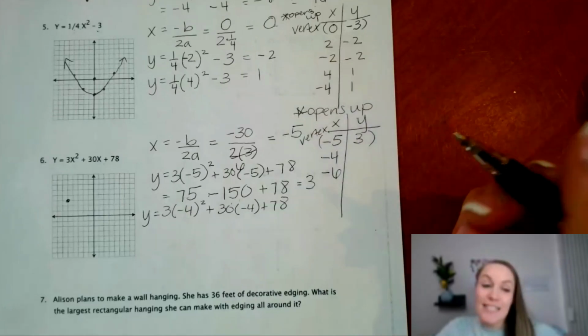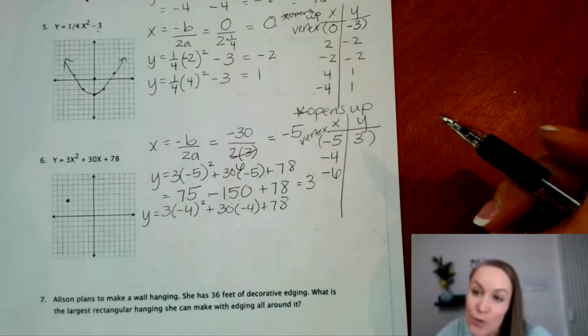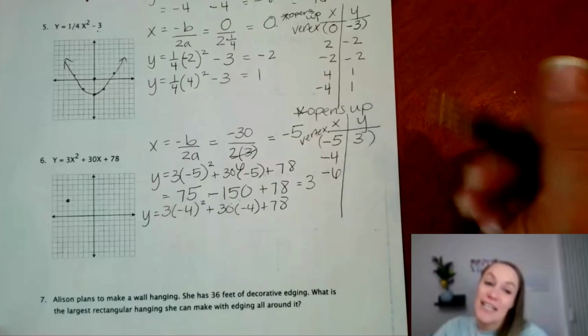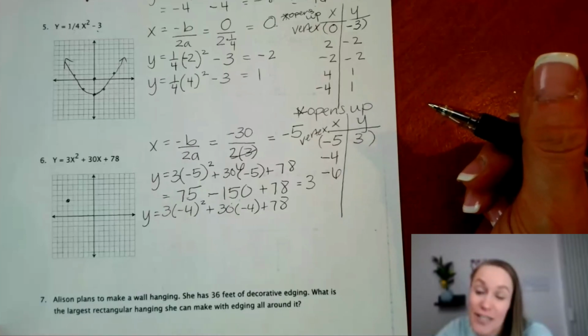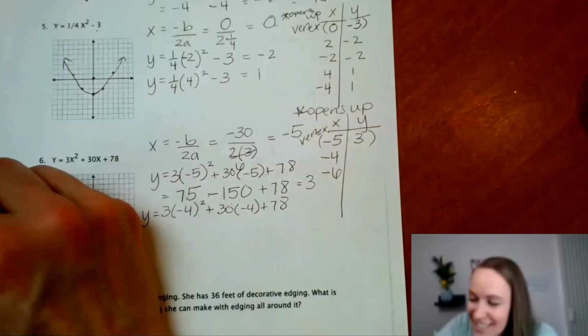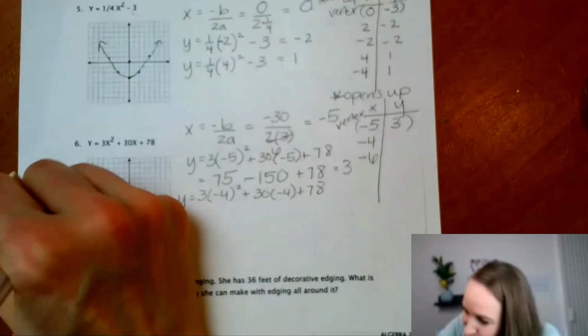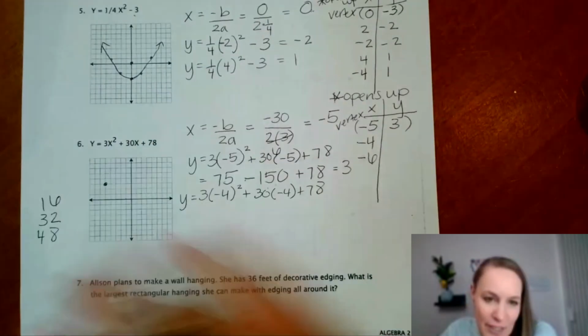I know 16 times 2 is 32, and then I'm going to add another 16, which is 48. So 16, 32, and then yes, 48. Sometimes it helps me if I write it down.